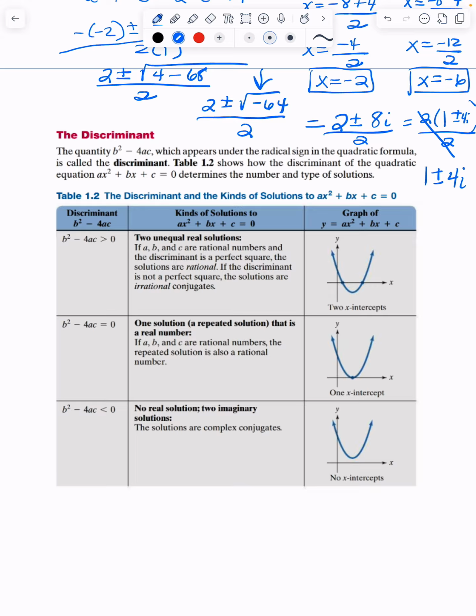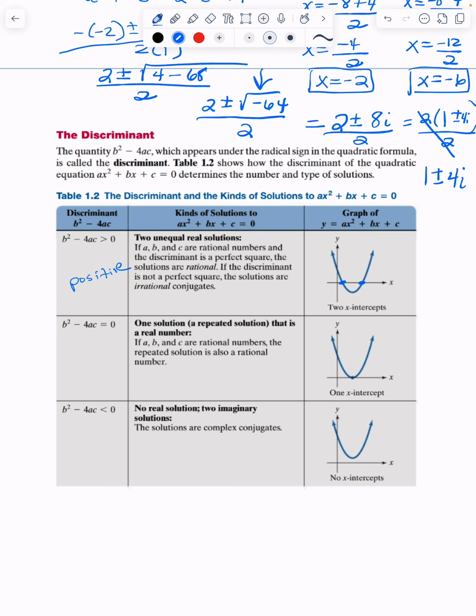If you plug in the discriminant and your answer ends up being positive, this means that you have two different or two unequal real solutions. And these solutions are your x-intercepts. So by knowing the discriminant, you know what type of answers you should come up with.